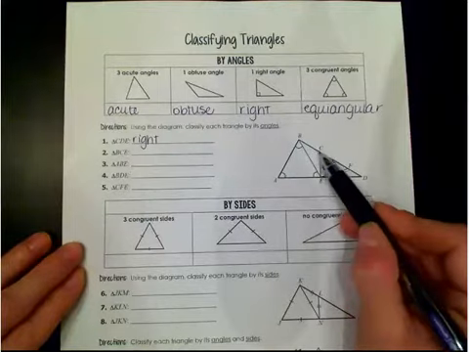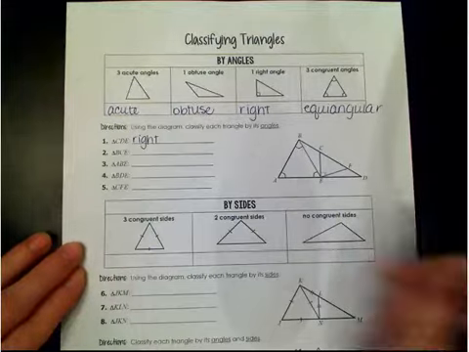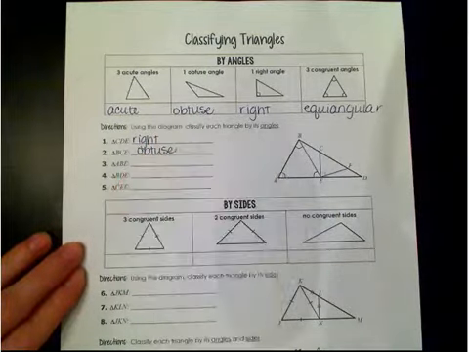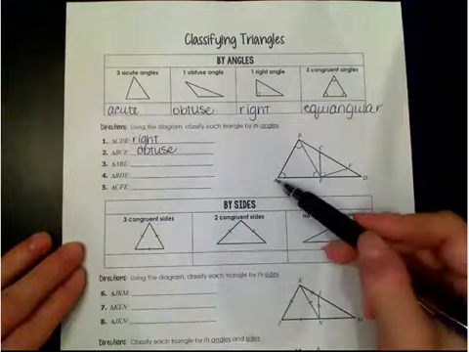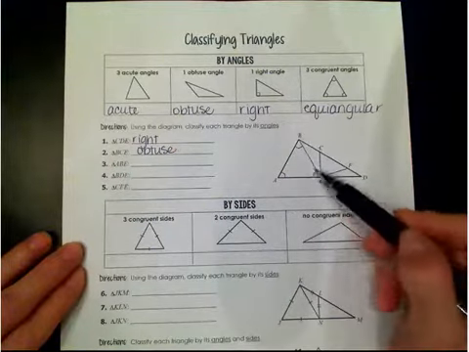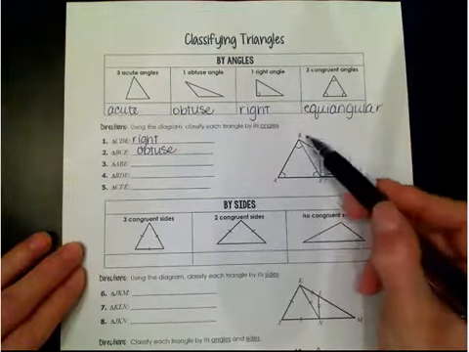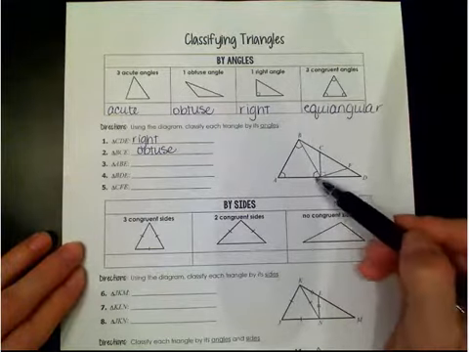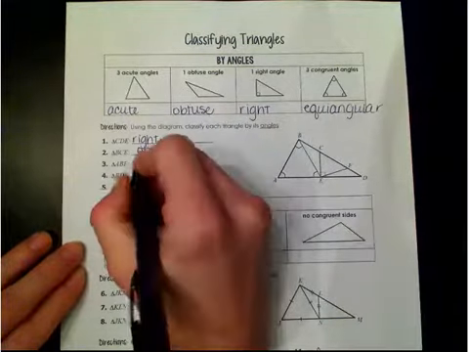And this angle, angle C, is bigger than 90 degrees, and so that is an obtuse triangle. Then triangle ABE is right here, and all angles are marked that they are congruent, so this is an equiangular.